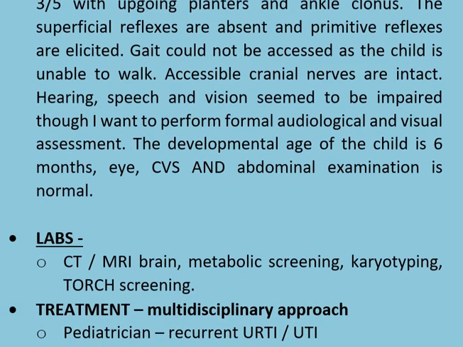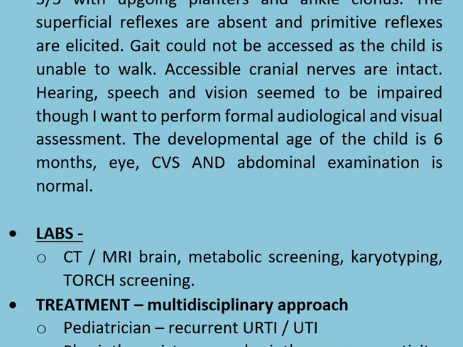For the treatment you have to say that my aim of management is to ensure the optimal growth and development of the child by controlling the disease and treating and preventing its complications, the immediate goal.